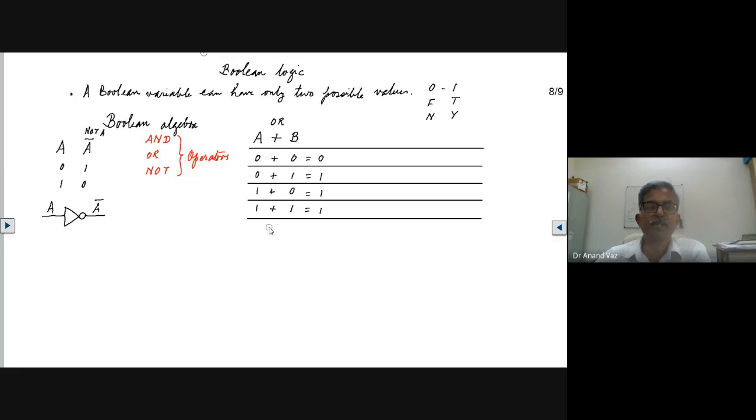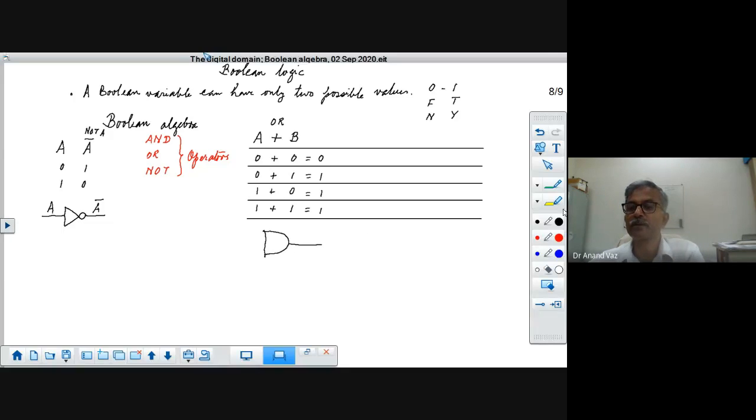We can represent the OR gate using a symbol like this. You must have already studied it in your basic digital devices. Oh, I'm sorry, it's not the OR.